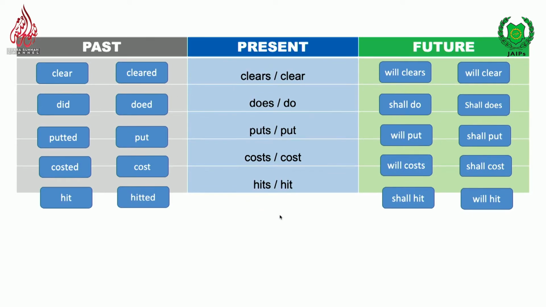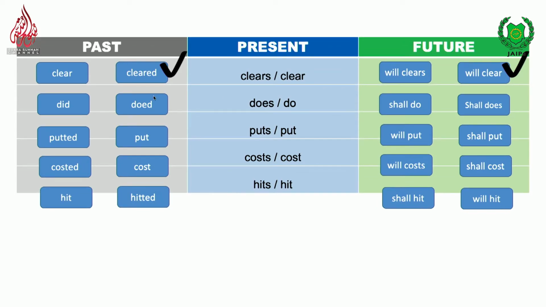The answer is cleared. Let us look at the future tense for clears and clear. Should it be will clears with S or will clear without S? Will clear without S. So you know this well, right?